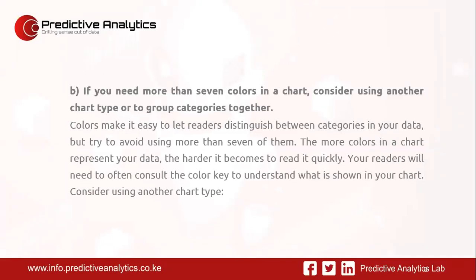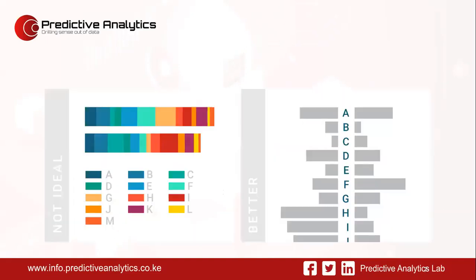Try to stick to fewer than 7 colors, whereby the eye can distinguish quickly. The more colors in a chart represent your data, the harder it becomes to read it quickly. Your readers will often need to consult the color key to understand what is shown in your chart. So consider using another type of chart if it is more than 7 colors.